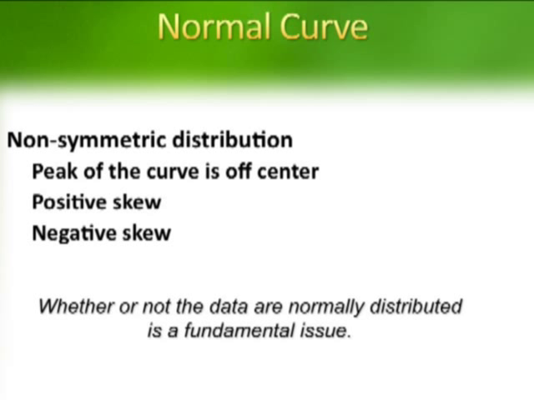There's a positive skew, which means the tail is longest to the right, and there's a negative skew where the tail is longest to the left. Whatever it is, skew is bad, and you cannot use inferential statistics if your data is skewed.